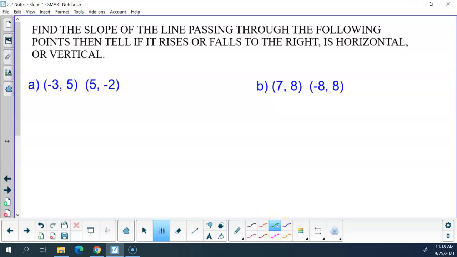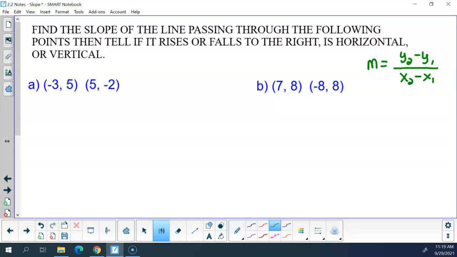So first off, we're going to remember that between 2 points, it's y sub 2 minus y sub 1 all over x sub 2 minus x sub 1. Okay, so we're going to use that formula every single time. Okay?